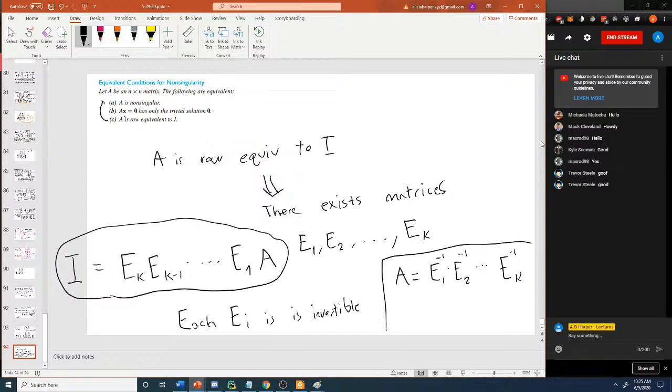On the other hand, I could also just take the product of these things, and I could call the product B. And this would exactly mean that I is equal to B times A, and this is precisely what it means for something to be non-singular by the definition that we adopted. So we're able to conclude that all three of these conditions are equivalent.